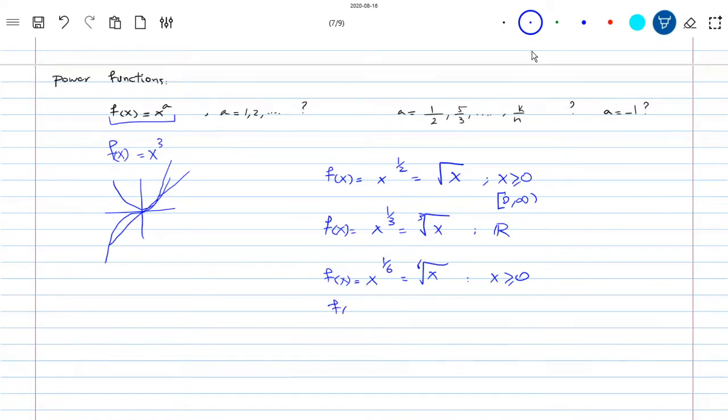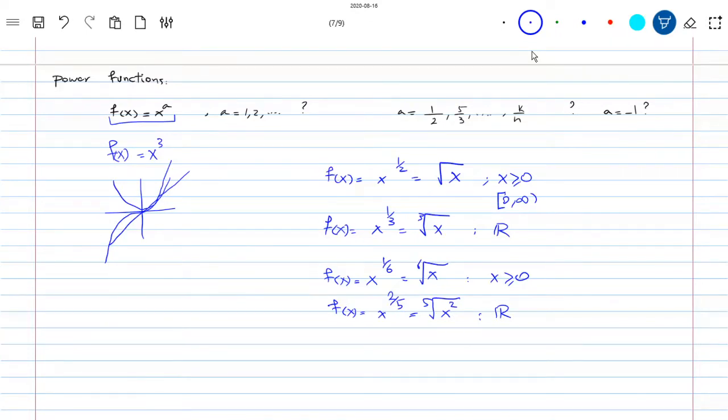What if the fraction was something like x to the power 2/5? That means consider x to the power 1 over 5 and then square it. That's what it means. So x to the power 1 over 5 would be the fifth root of x, and if I square it, it would be x squared. So the domain for this guy, all real numbers. Again, fifth root, no problem.